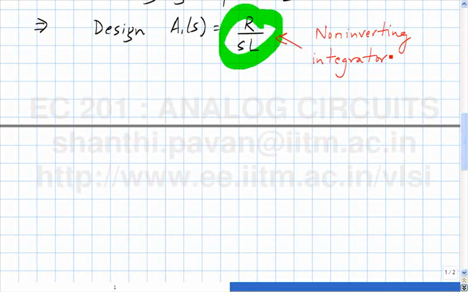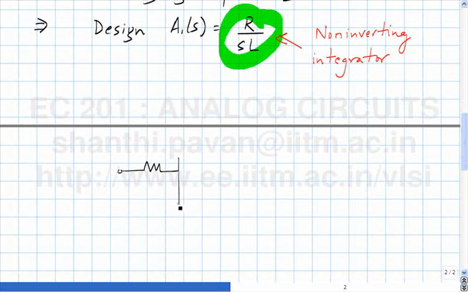Right? Do we know how to realize an integrator? The integrator is quite straightforward. R, C, if this is Vi, what is the voltage here at the output of the op-amp?